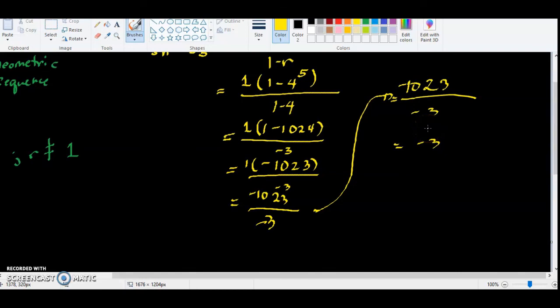So you have 1023 divided by 3. That is 341. So that is the sum of the finite geometric sequence.